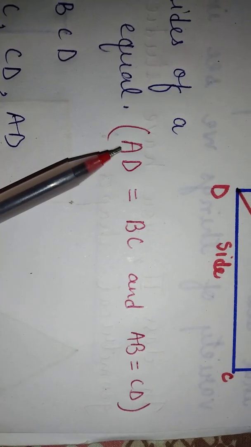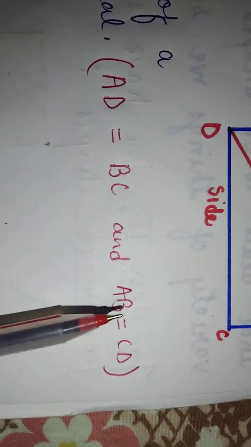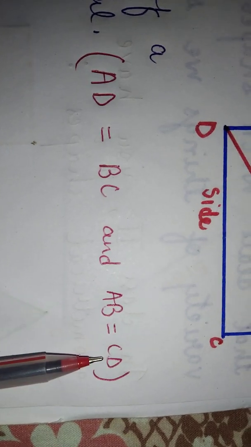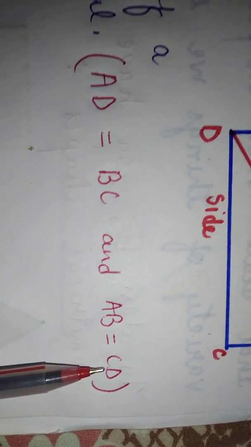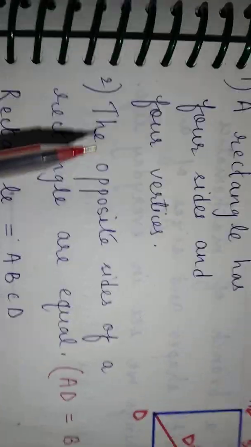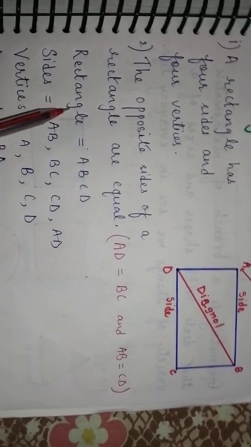So side AD will be equal to side BC and side AB is equal to side CD. So you need to learn this thing, children. The opposite sides of a rectangle are equal. So here specifically in this rectangle, the name of this rectangle will be ABCD.